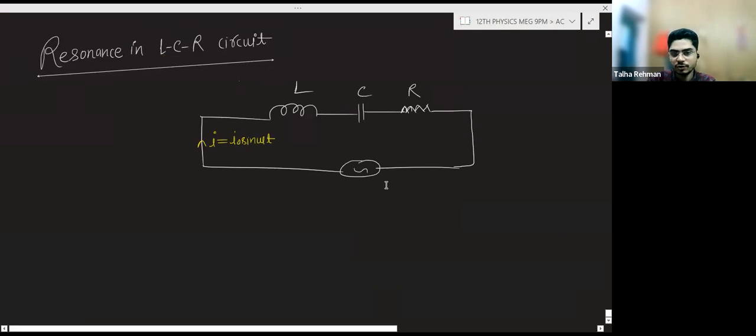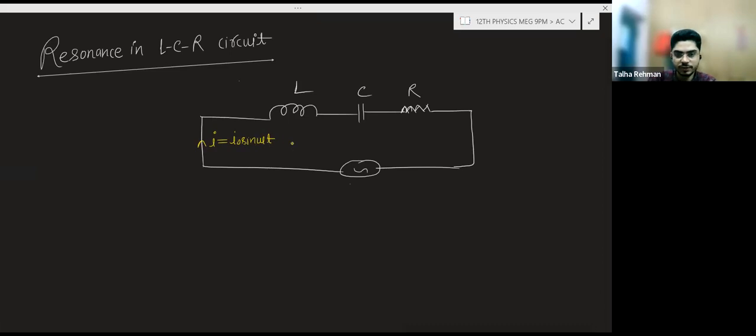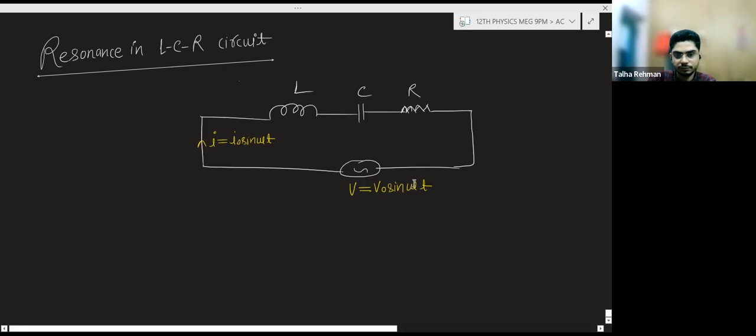Because here you have connected the alternating current source, the current will be changing. That is why the equation of the current is written as I equal to I naught sine omega t. And here the voltage is V equal to V naught sine omega t. The voltage equation I am not writing.